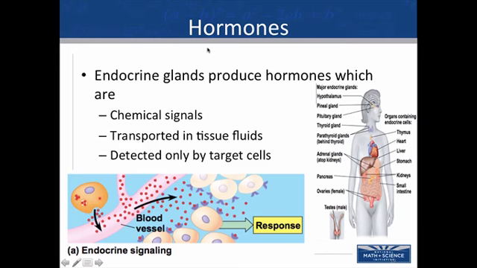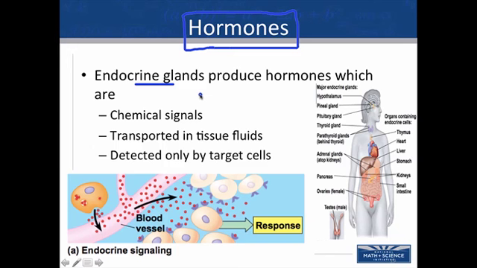So hormones become very specific examples of signal molecules that we'll refer to as ligands, and these hormones are typically produced by endocrine glands. They could be produced by endocrine cells, but those endocrine glands produce the hormones.